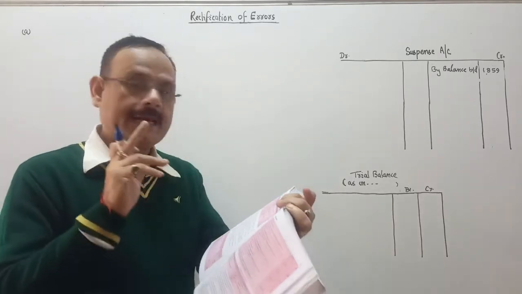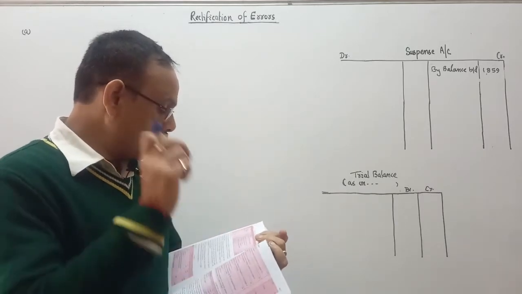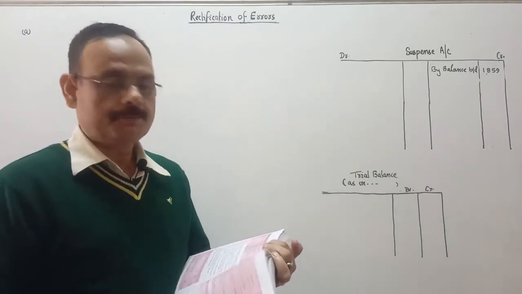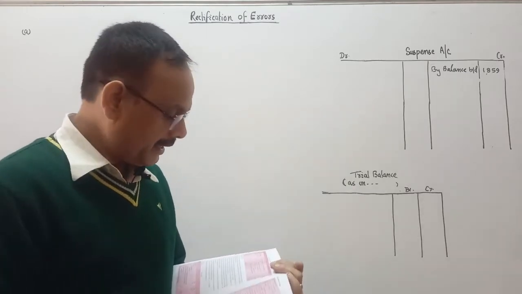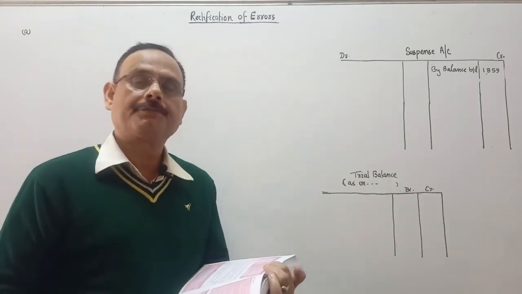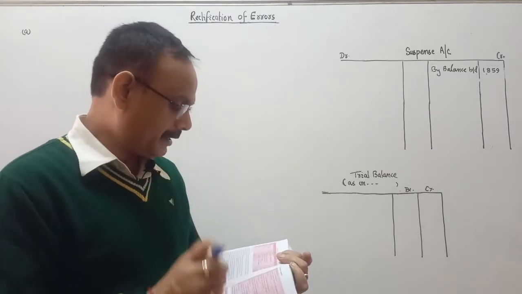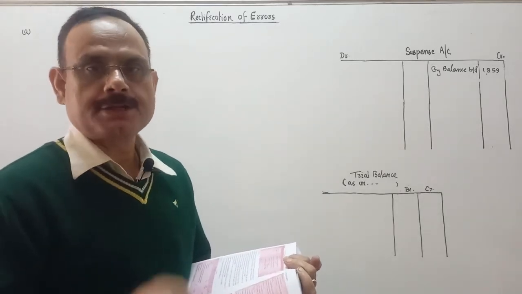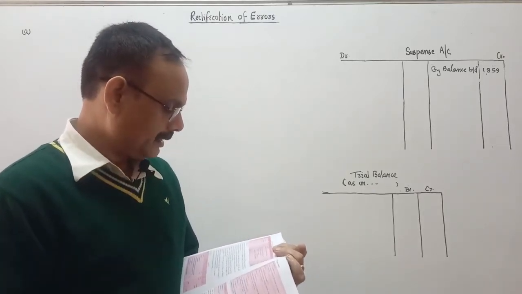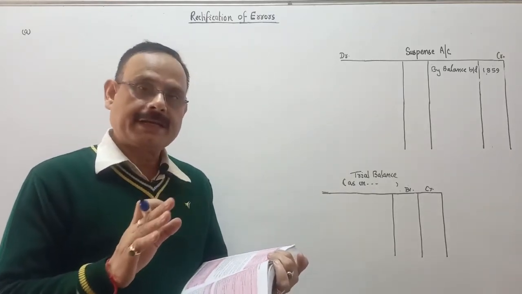So error number A: amount payable to Govind Ram for repairs done to radio 1500 and radio supplied for rupees 9500 were entered in the purchase book as rupees 10,000. The mistake is clear.